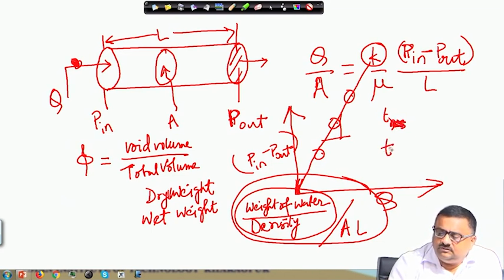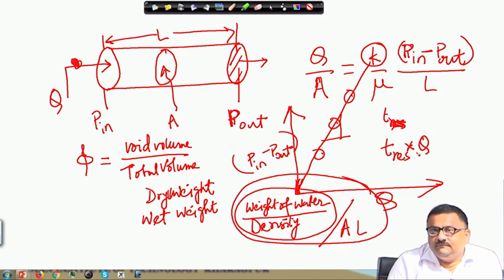If we multiply this residence time with the flow rate, let us say Q, the flow rate is in meter cube per second and residence time in second.